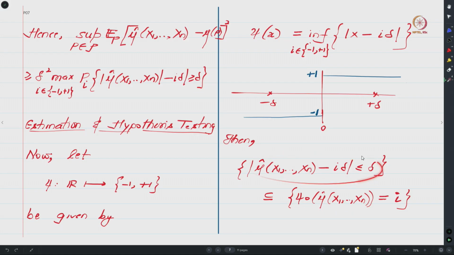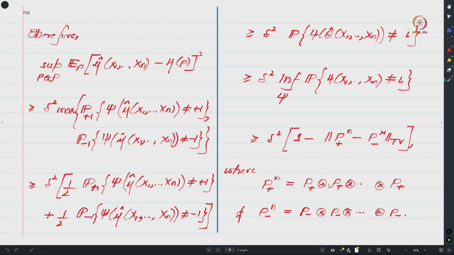Since this is a subset of this, the complement of this will be a superset of this, and one can conclude that this probability is lower bounded by the complement of this probability. Okay, so that is what I have written over here. So this expression is lower bounded by what we had on the previous slide, and those quantities are actually lower bounded by these two expressions over here, and since we had a max there, I am taking a max over here as well. So this is the max between this.